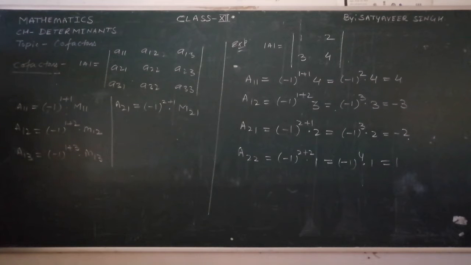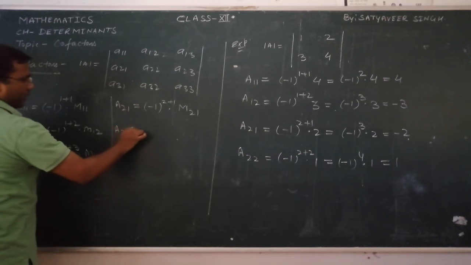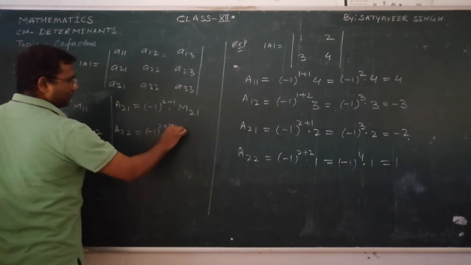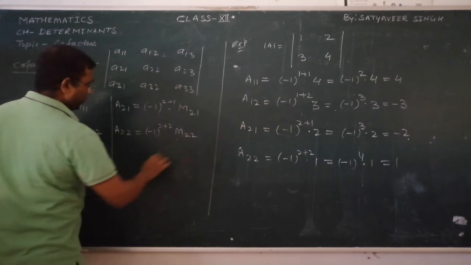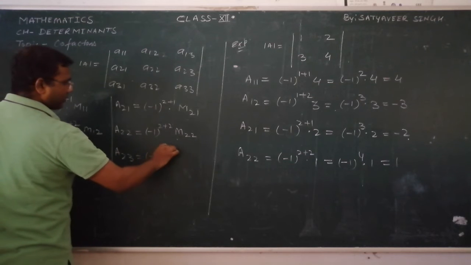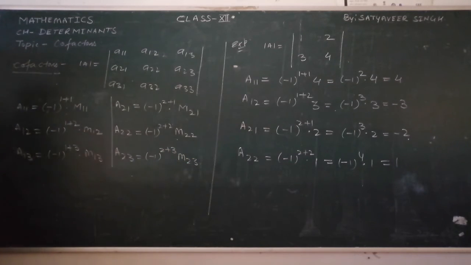Are you getting this point? See now, what is A22? A22 is minus 1 raised to 2 plus 2 into M22. What is A23? Minus 1 raised to 2 plus 3 into M23.